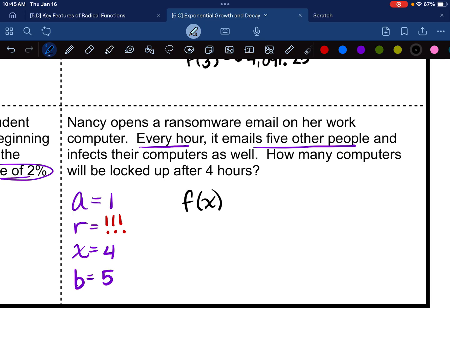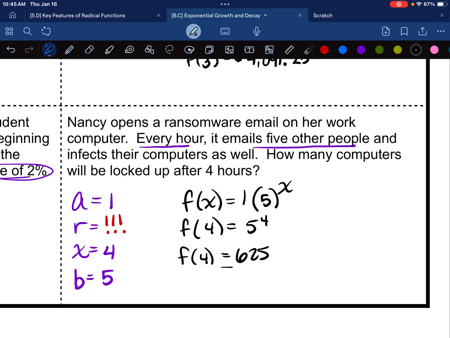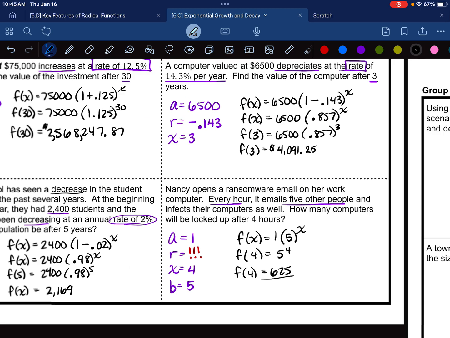I have f of x equals 1 times 5 to the x. If I'm finding f of 4, I have 5 to the 4th power, which when you put that in a calculator is 625. So after 4 hours, 625 people would be infected, which is wild with how that virus spreads. So there we have it.